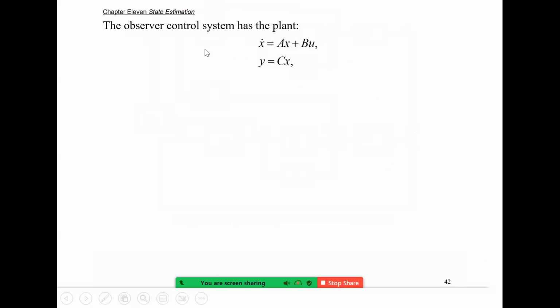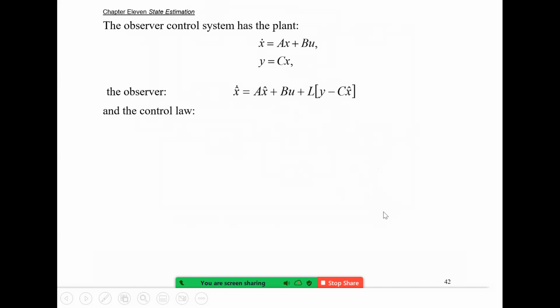So this is the observer control system. This is the original system. Now we build the observer. In the observer, of course, we use the original equation, but we also add the feedback mechanism. This is critical for it to work. With the help of the feedback, it doesn't matter whether A is stable or not, we can make sure that the estimation error will go to 0.